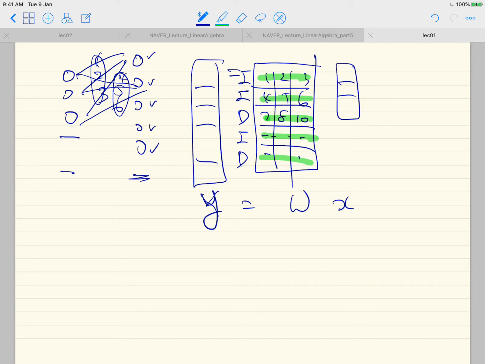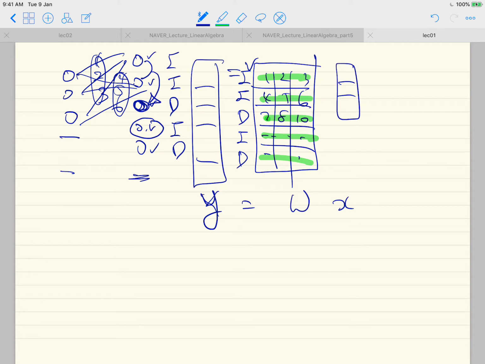So in this case, for example, this node is I, D, and this one is I and D, and this node can actually be represented as a linear combination of these two, right?